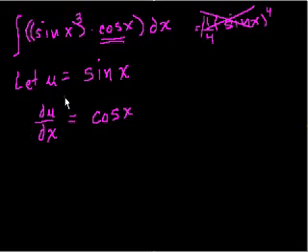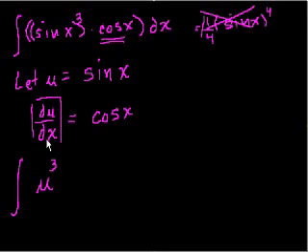Now we can substitute these two things into this integral. Instead of writing sine of x to the third power, we can write u to the third power. And cosine of x, we just showed, is du dx, so it's times du dx, and then times dx.